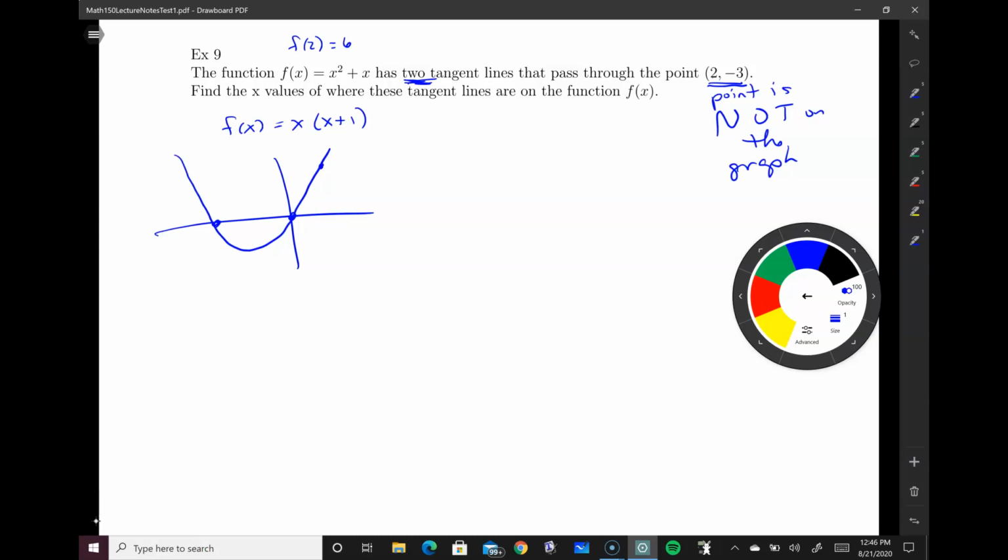But this is saying this point, I'm going to put it in red here, this point of 2, -3 is down here, right? So there's two tangent lines that touch the blue graph that happen to go through this point. I'm going to put it down a little bit further, just so my picture will match. So here's 2, -3. So this point is not on the graph.